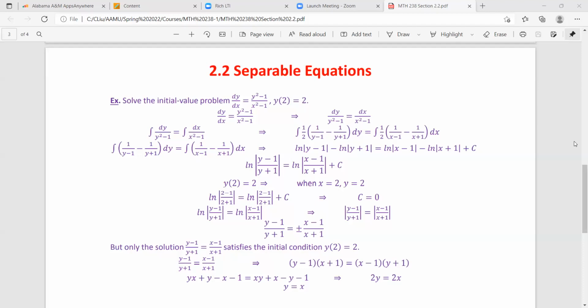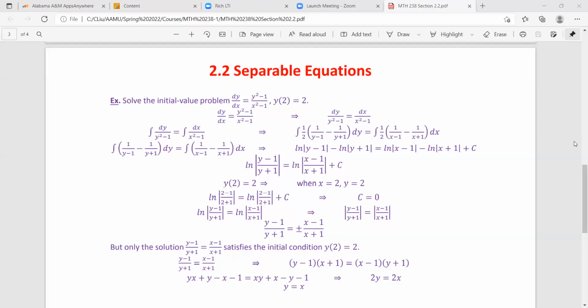Okay. Similarly, on the right side, you get the natural log of absolute value of x minus 1 over x plus 1 plus c in here. So now we can try to determine the arbitrary constant c from the initial condition.